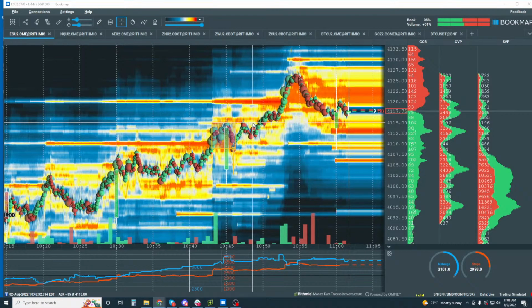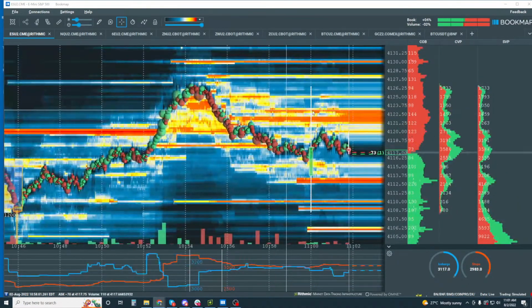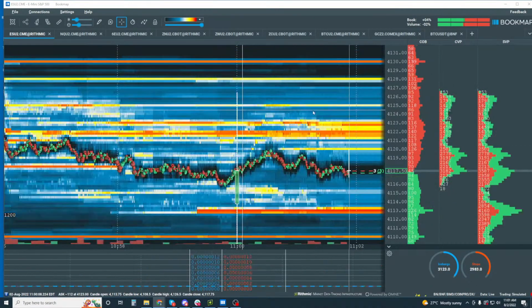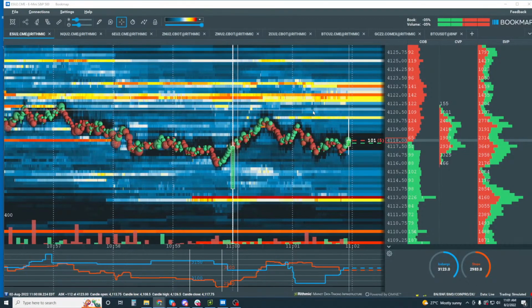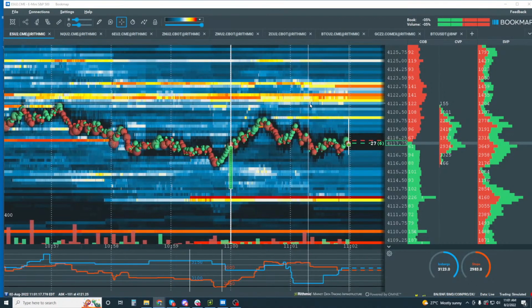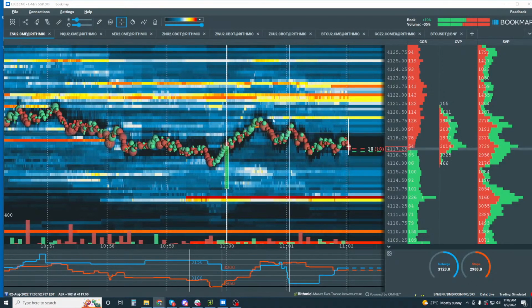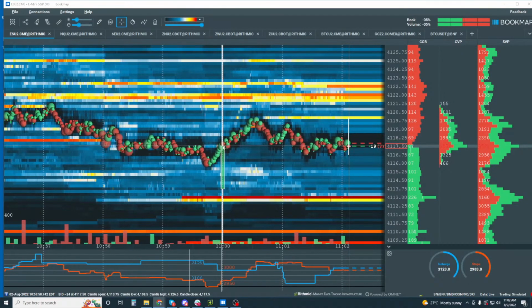It's the same things we're looking for in terms of structure.